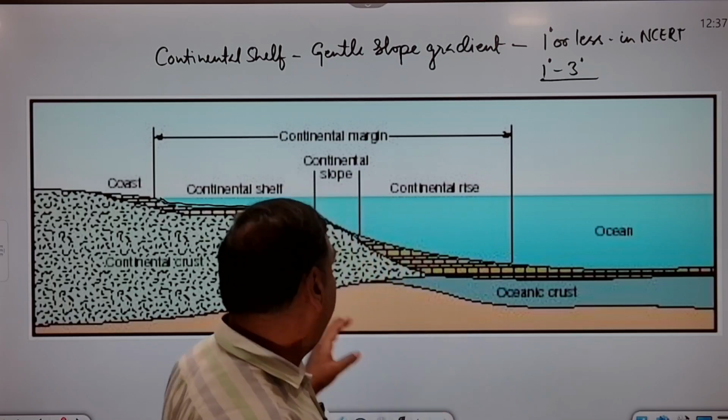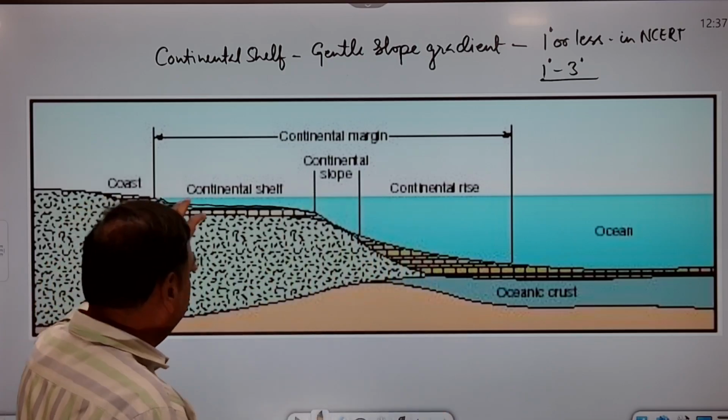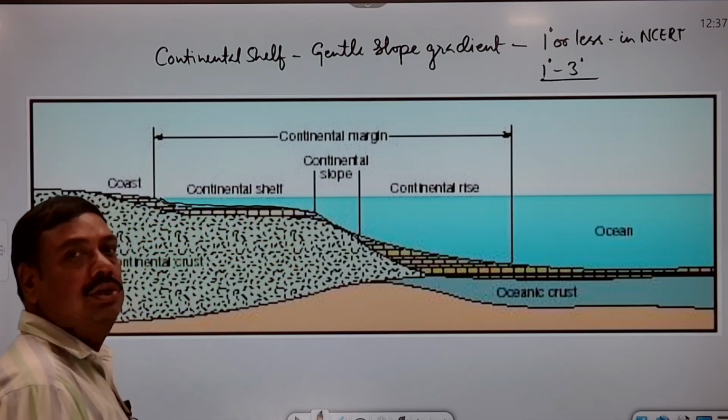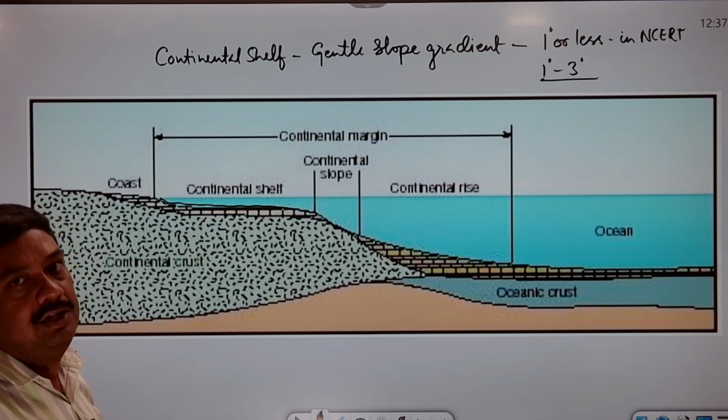So an extension of the continental crust moving towards the oceanic region is called the continental shelf.